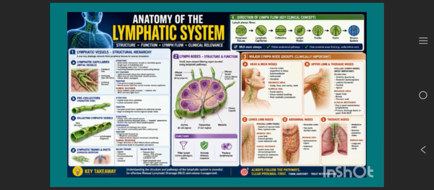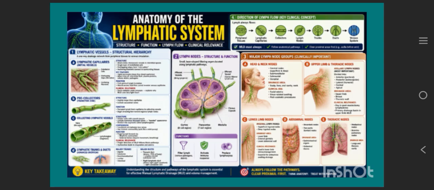What is the function of pre-collectors? They transport lymph from capillaries to collecting vessels, and they begin directing flow toward regional lymph nodes. So we are discussing the structural hierarchy of lymphatic vessels.